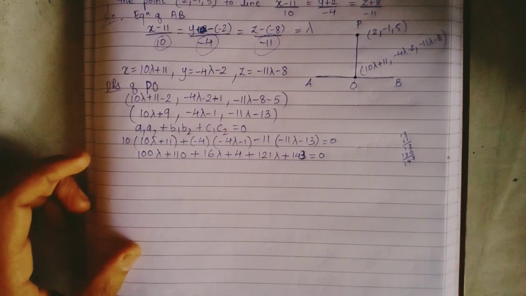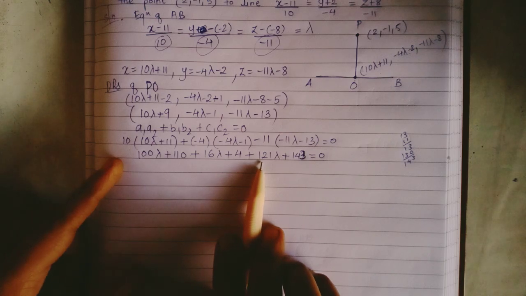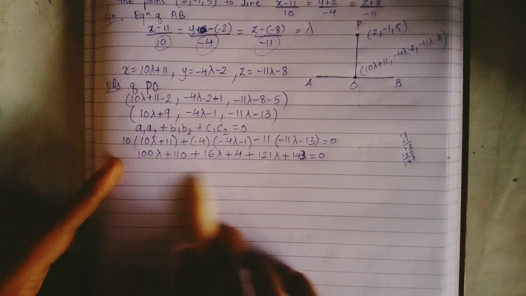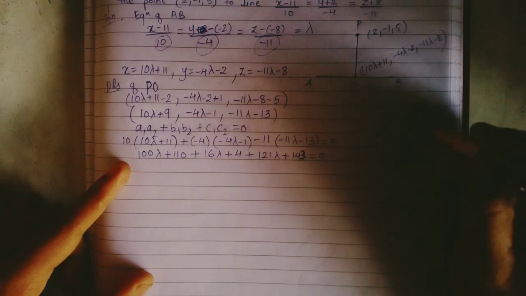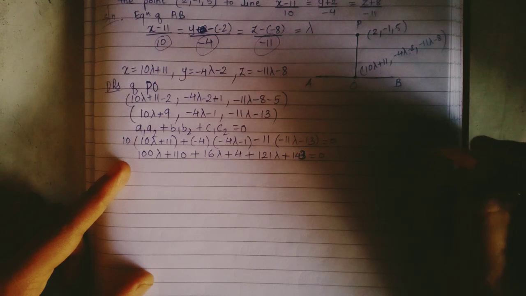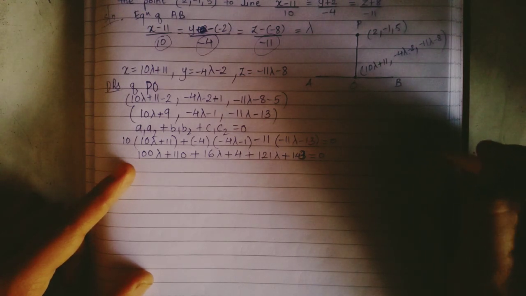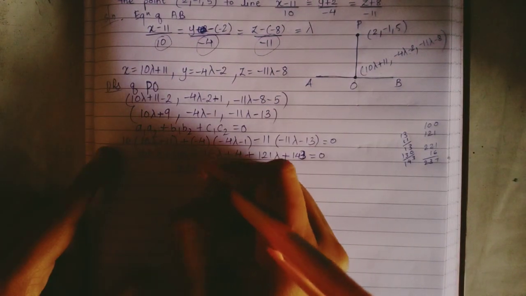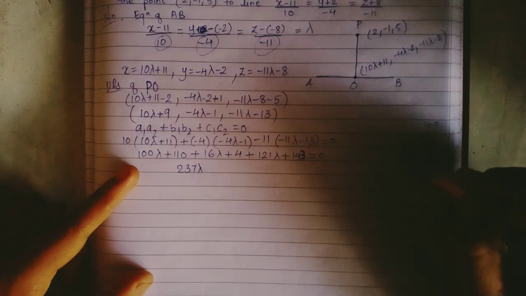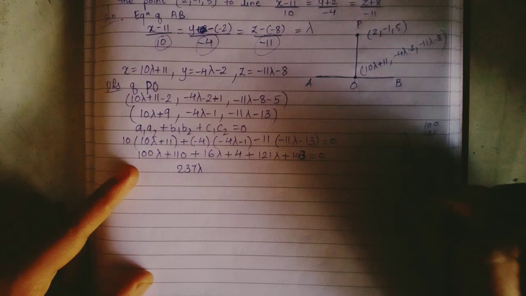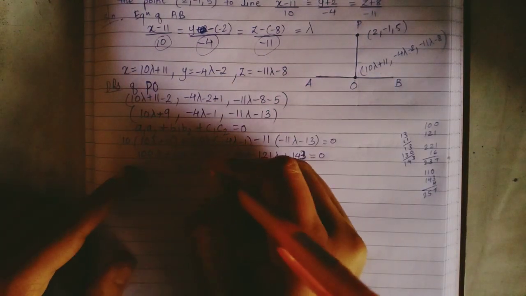So all lambdas you have to add, so you'll get 100 plus 121, 221 plus 16, 237. Then 110 plus 143 plus 4, 257.